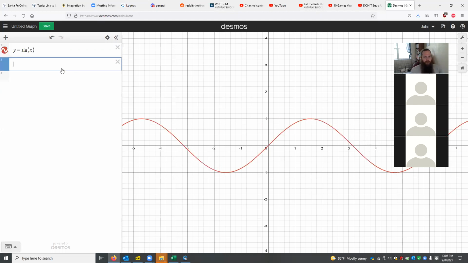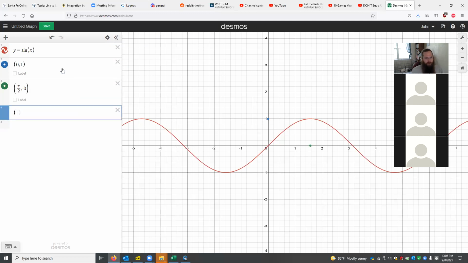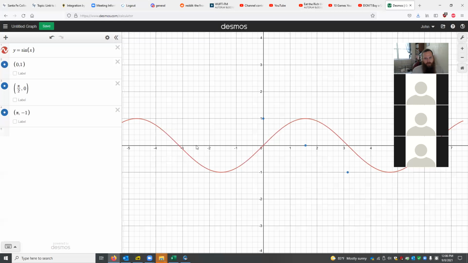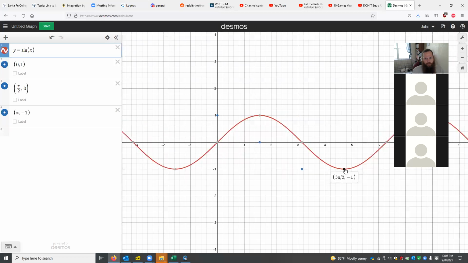Okay, so here's some points. We said at x equals 0, the tangent line has slope 1, so I'm going to plot the point (0, 1). At x equals pi over 2, the slope of the tangent line should be about 0. And at x equals pi, the slope should be about -1. Let me make all of these blue. And I'll add in a couple more out here.